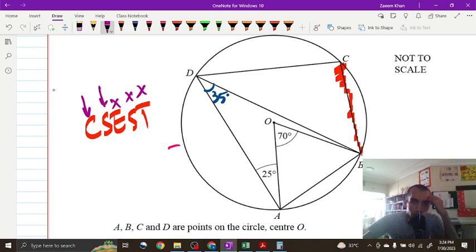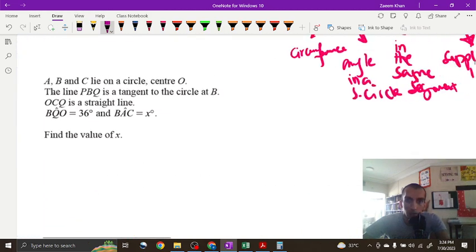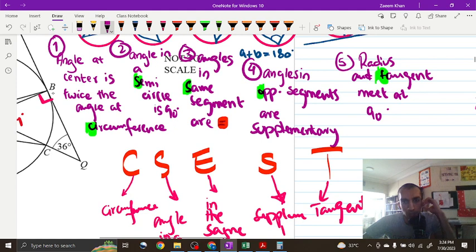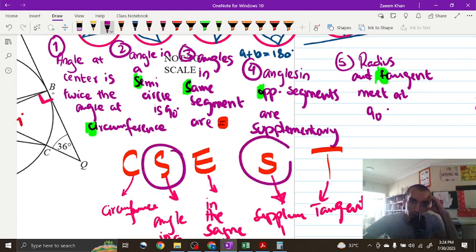What's this one? We've already done the semicircle, no? So this must be something else. Can we change the mnemonic a little bit so that we can avoid this? If S is for semicircle, this S is for supplementary, can we change one of those? I don't think so.